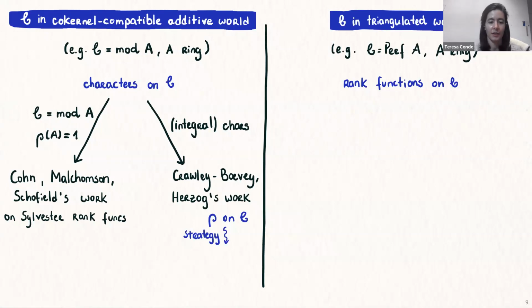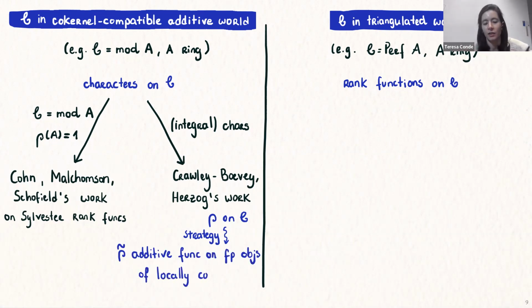One starts with a character rho on C, on our cokernel compatible additive category. And from C, one cooks up a better category, which is actually a locally coherent category. And then one can lift the function rho to another function, rho tilde, which is going to be an additive function. I'm going to say what that is in a moment.